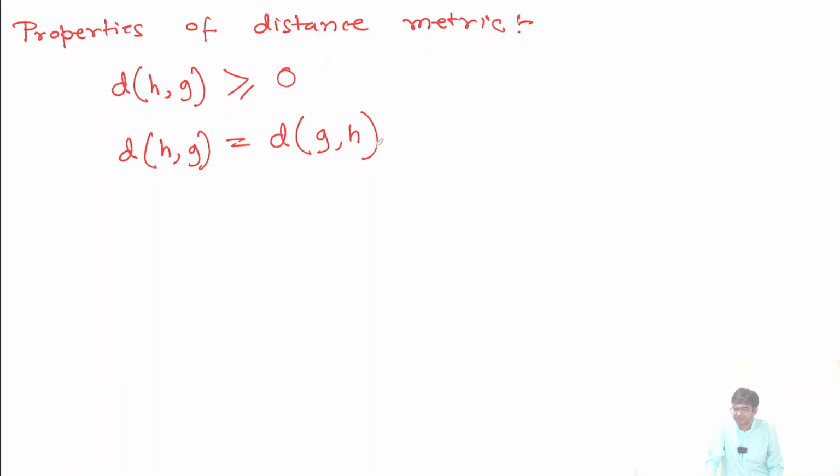KL divergence is something we use often in machine learning. We will not use it here, but we can use it in Gaussian processes. But that is known as a divergence because it is not symmetric. It is not a distance metric. Whereas this is a distance because it is symmetric. So keep in mind that often, in the absence of distance metrics, we use divergence to know the closeness of two things, but a distance metric is the ideal thing that you would like to use.